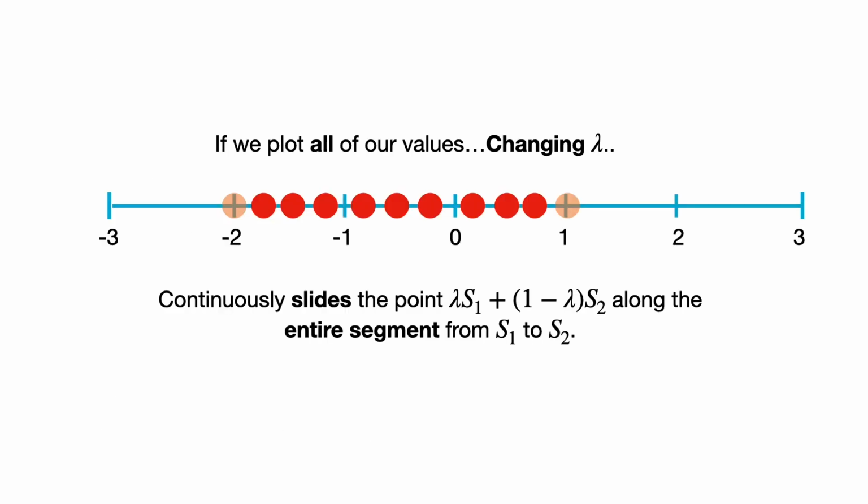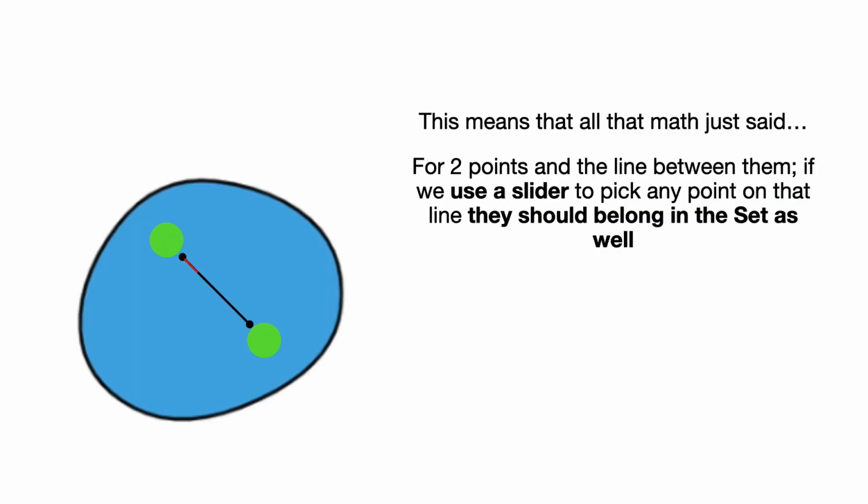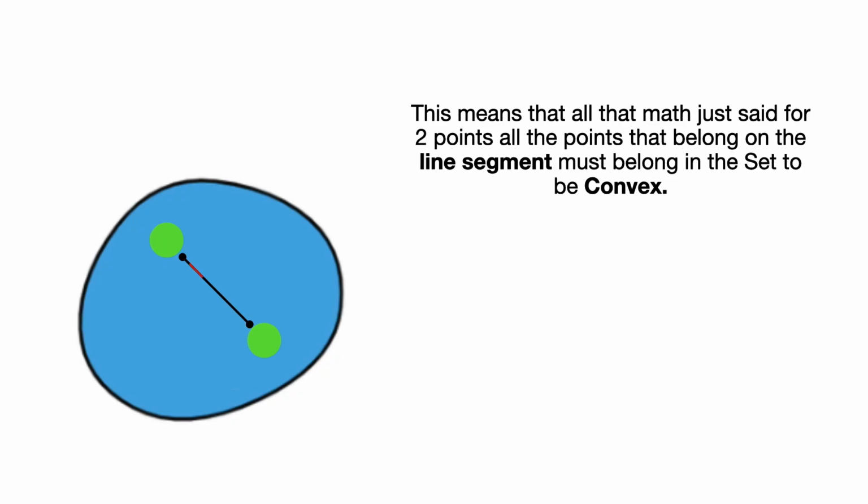We see a pattern. When we pick the random points -2 and 1, we see that when we increase lambda by 1/10 each time, the output continuously slides over the entire interval. All that math just said, for 2 points and the line between them, all the points on that line segment should belong in that set.